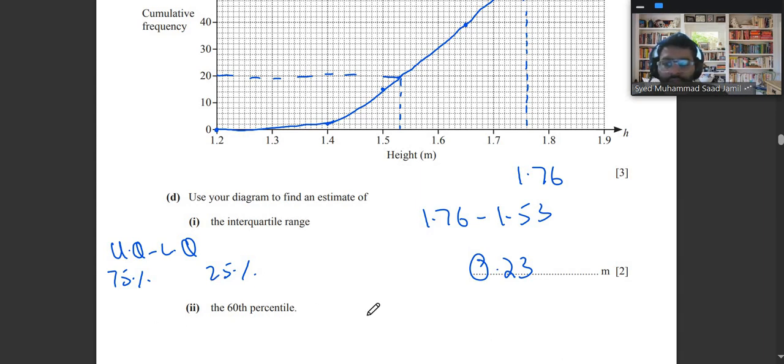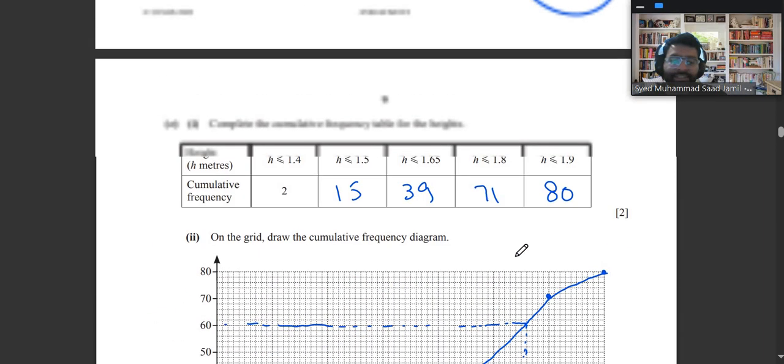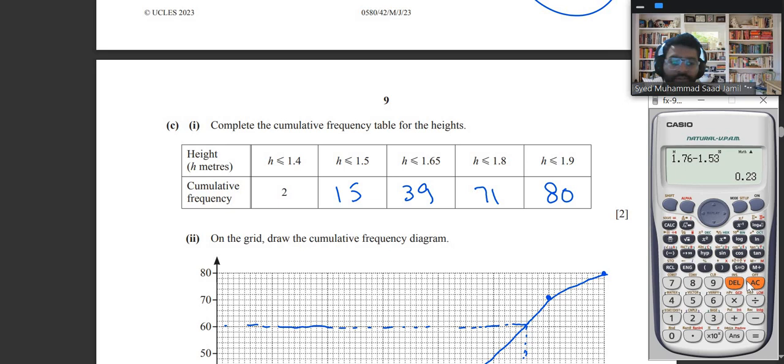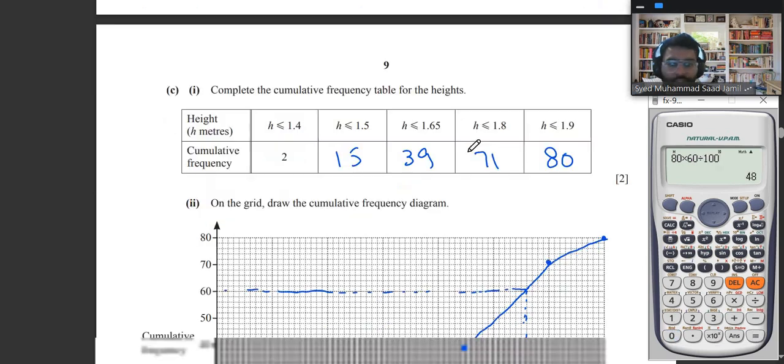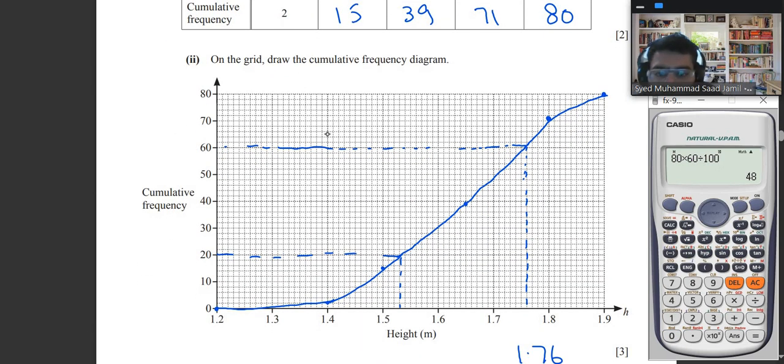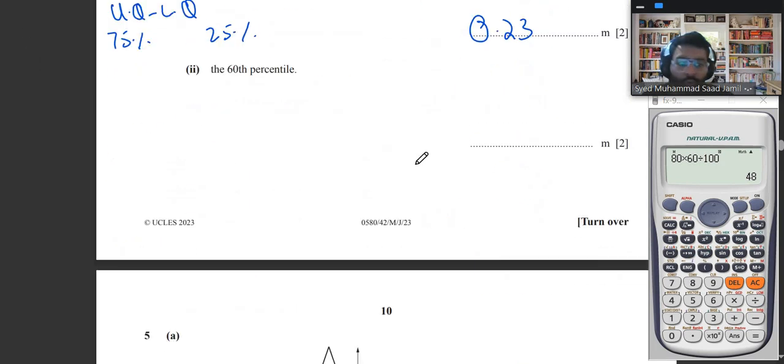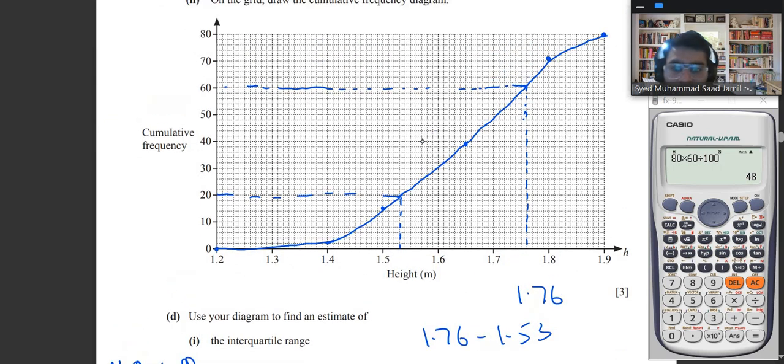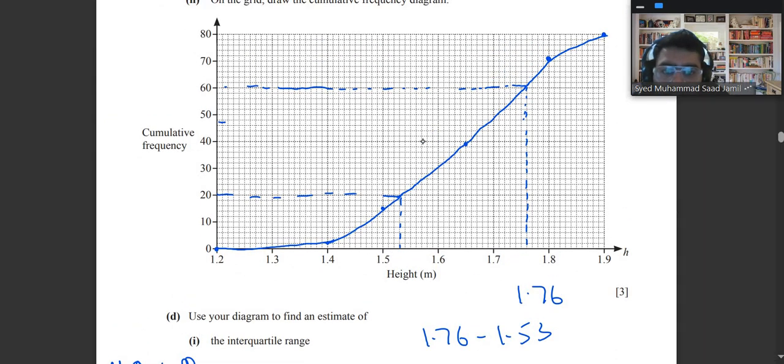Now second, it says 60th percentile. 60th percentile basically means total frequency 80 multiplied by 60 divided by 100. It's 48. So 48 is over here from 40. 60th percentile is 48 actually. So when it's 48, we'll sketch it like this.